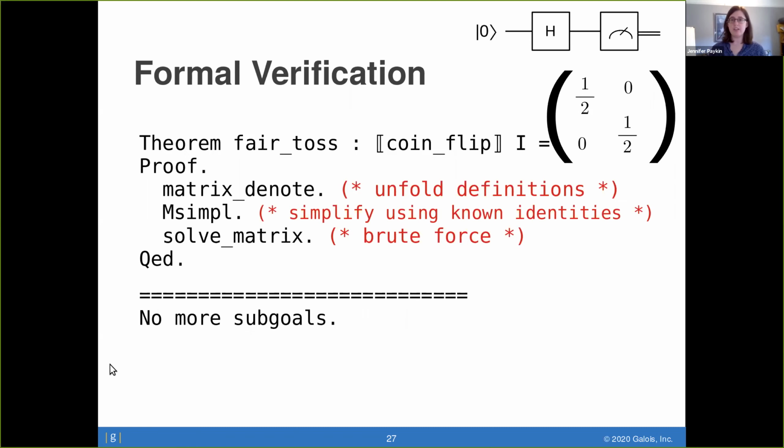Now, this is all very good for a small circuit, right? This is a circuit with essentially just one qubit that goes through the whole thing. But that's not going to work in practice because the matrices, the semantics of our programs, would get too big.